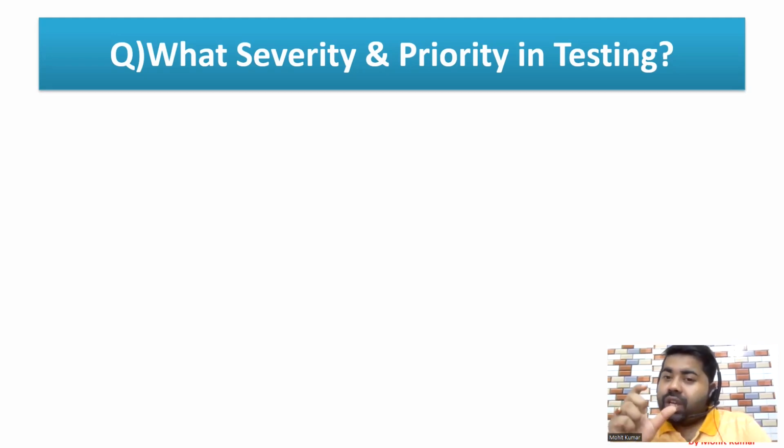Priority, so we have to prioritize the task, right? Here we have to give the highest priority, it must be fixed as soon as possible. So here we are defining the order in which we have to fix it. Hope you understand what I'm trying to say.